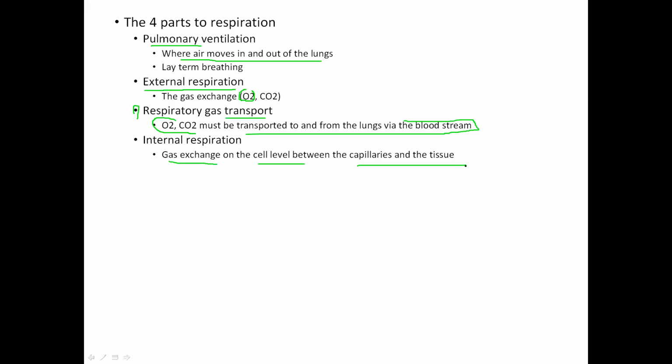So more oxygen will be deposited there than your legs, because at this point, you're not even using your legs. So this is gas exchange on a cellular level, and it does meet the oxygen supply and demand. The more you work, the more oxygen you need. The less you work, the less you need.